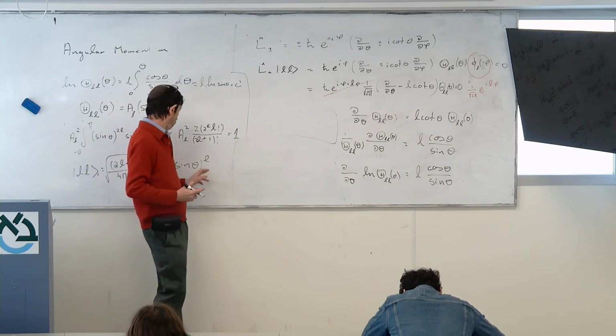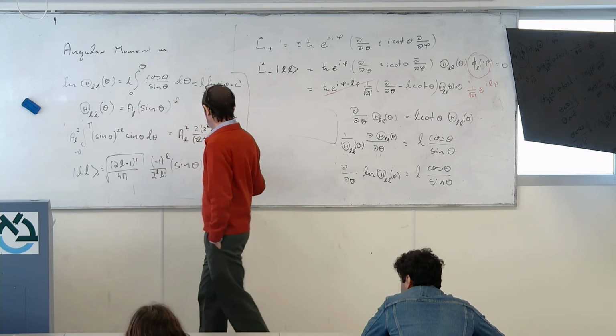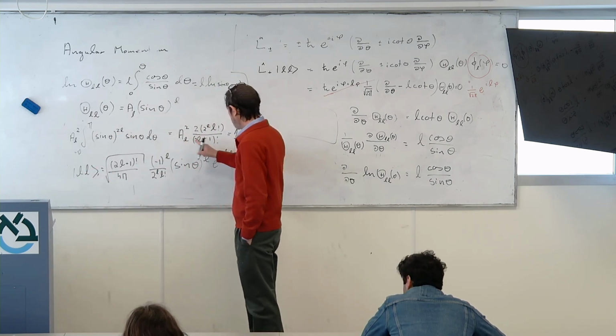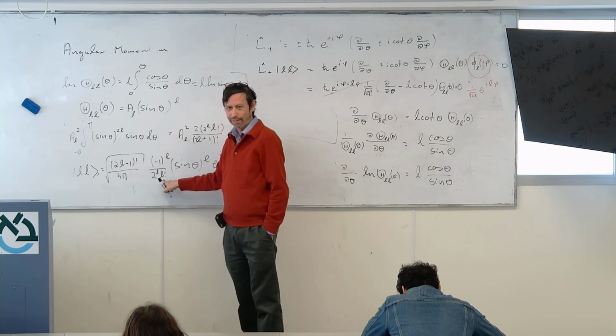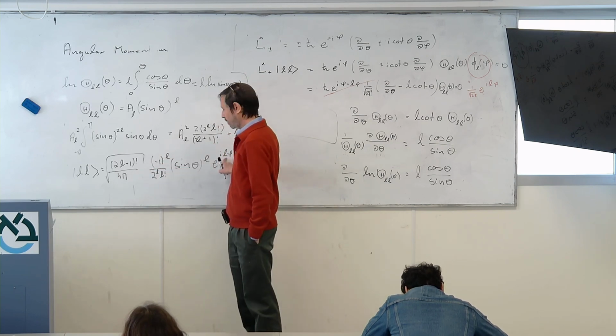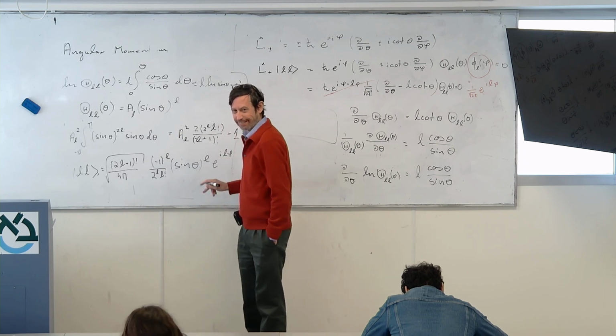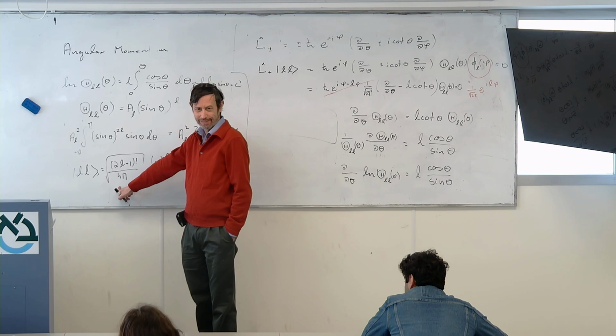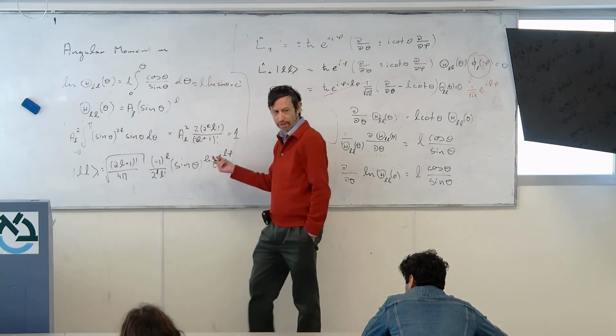Because what did I miss here? The A. No, A is exactly this long and ugly. Okay. I forgot the phi. The 2 pi went in here for the normalization of phi.